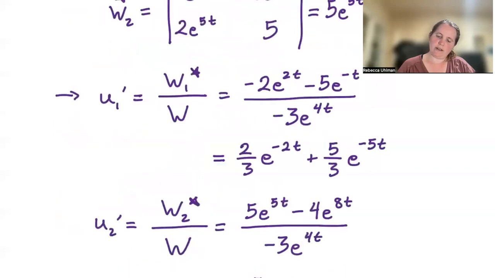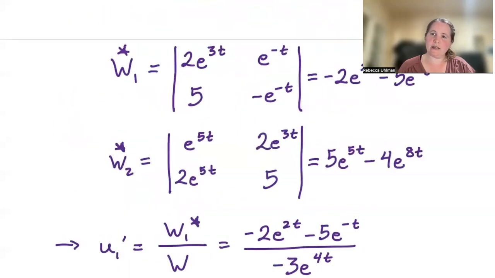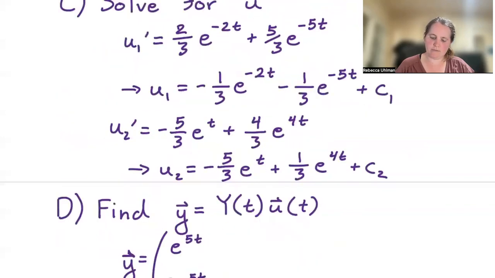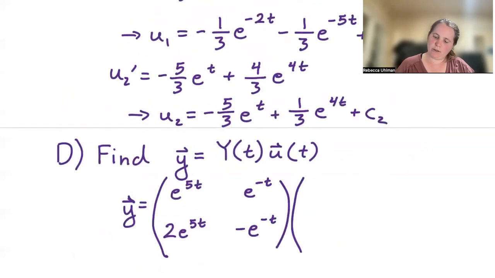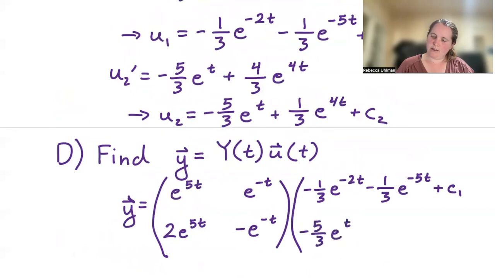And then for our second column, we had e to the negative t and negative e to the negative t. And this multiplies u. So u1 was negative 1/3 e to the negative 2t minus 1/3 e to the negative 5t plus c1. u2, we had negative 5/3 e to the t plus 1/3 e to the 4t plus c2.